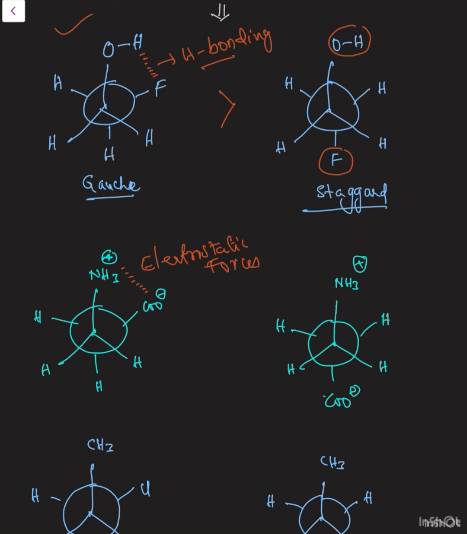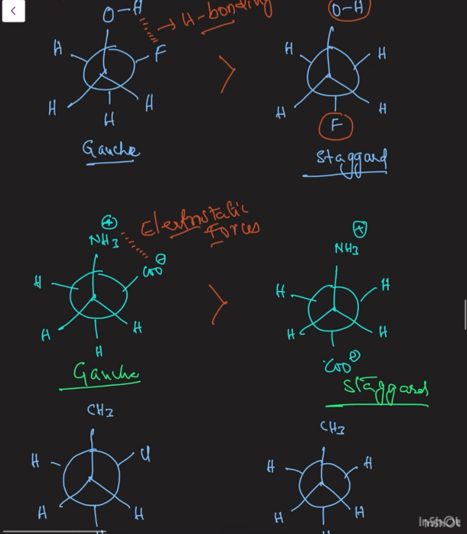Due to hydrogen bond and electrostatic forces, the Gauche conformer becomes more stable than the staggered conformer. So this is Gauche, whereas this is staggered.